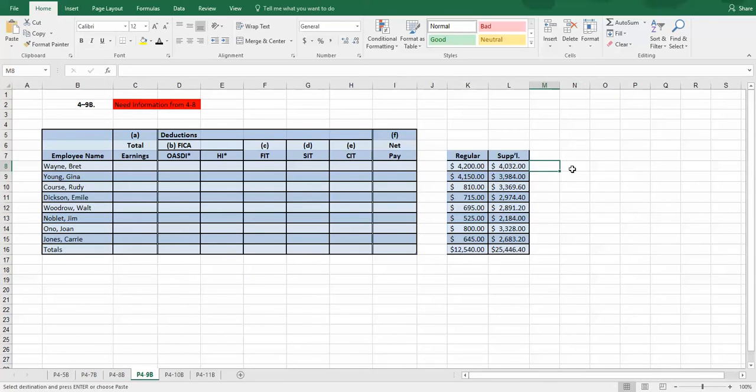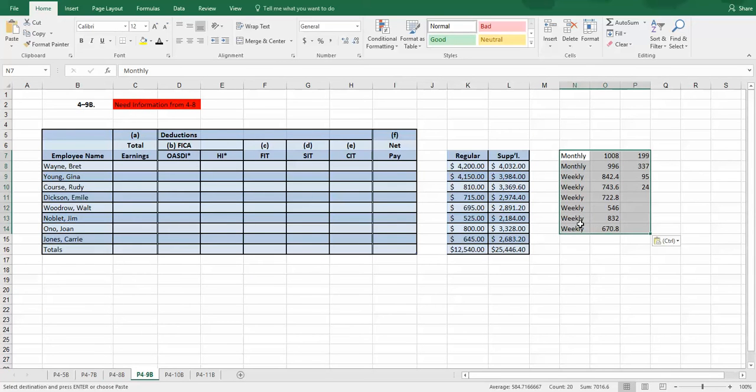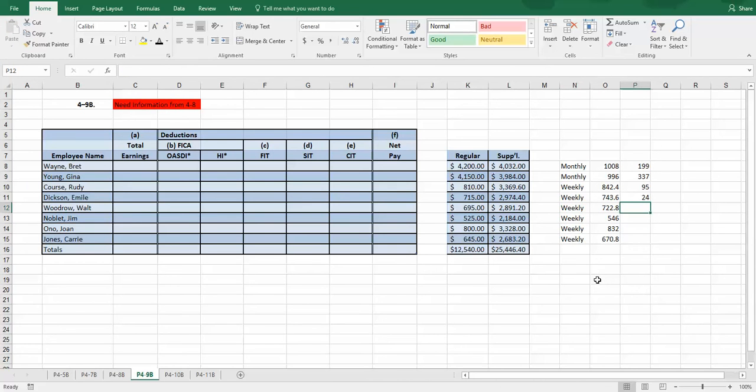Those are going to be copied as well. Whoops, let me move them down. There we go. I didn't write those down, so I'm going to have to go back and look at those.